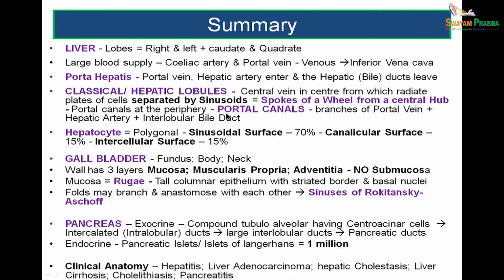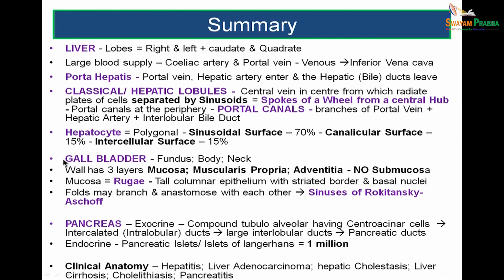Portal canals contain branches of the portal vein, hepatic artery, interlobular bile duct as well as lymphatics and nerve plexuses. We studied the hepatocyte, the basic liver cell, polygonal, having a sinusoidal surface, a canalicular surface for bile canaliculi and the intercellular surface between adjacent hepatocytes.